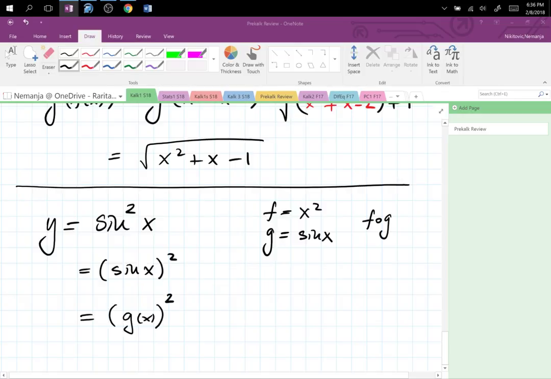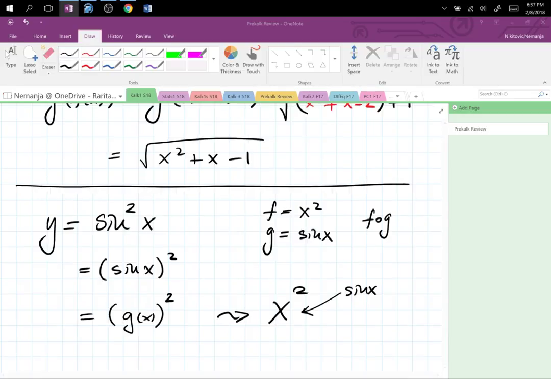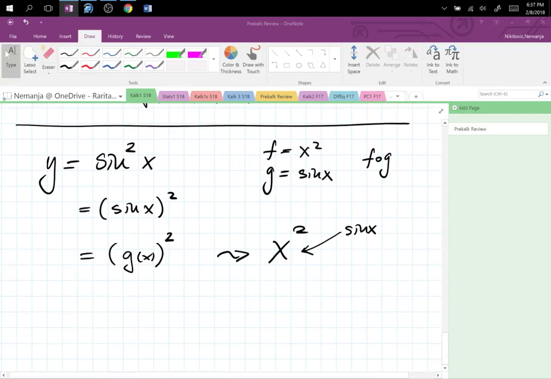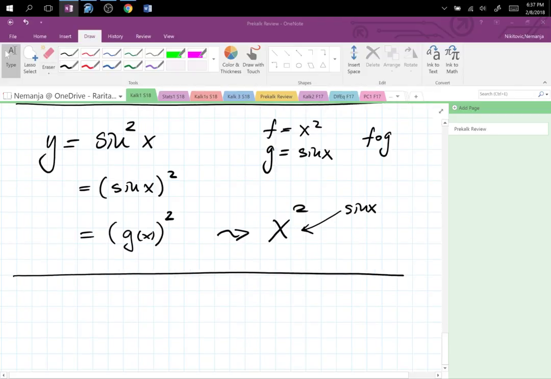So now you see this g of x squared, which kind of reminds you of x squared, where x is replaced by sine x, and all of a sudden these things start making sense. It takes time. It takes a lot of practice. Do a lot of practice this weekend so you can operate on the level. Let's do another 5 examples.